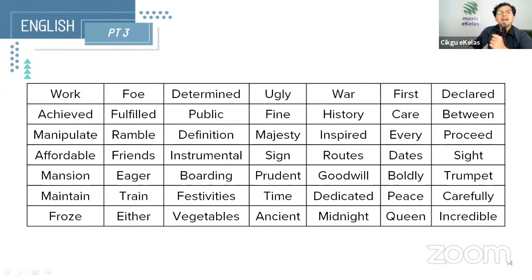And the words are work for, determined, ugly. Let me just get the pen here so that you know what I'm reading at the same time. Hold on, here we go. Okay, we have work for, determined, ugly, war, first, declared, achieved, fulfilled, public, fine, history, care.